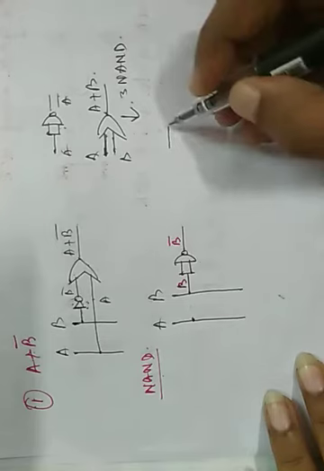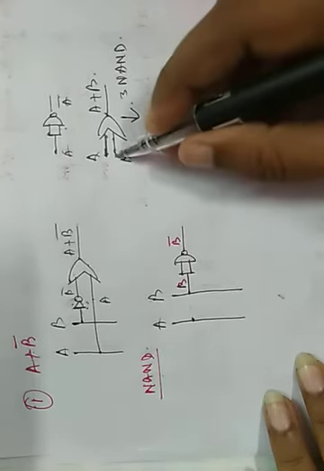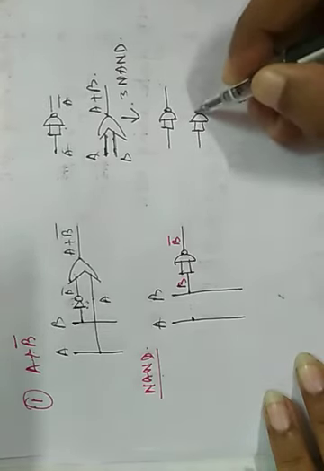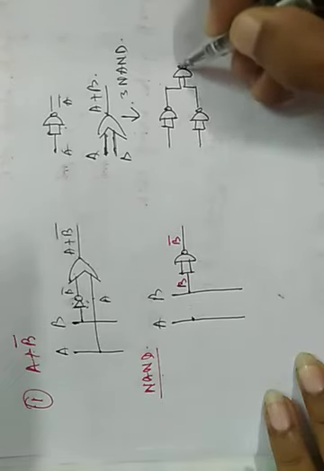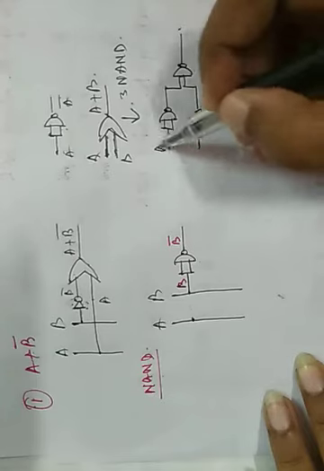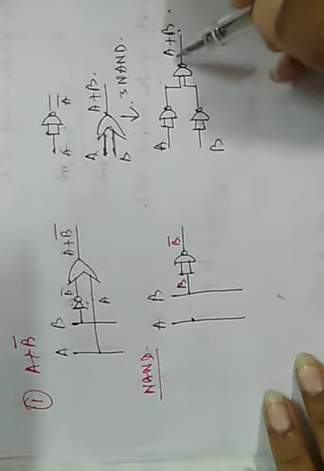For one input line we place one NOT gate, for another input line we place another NOT gate, and these two outputs should pass through another NAND gate. So this OR gate should be replaced like this way. This is A, B, this is A plus B.